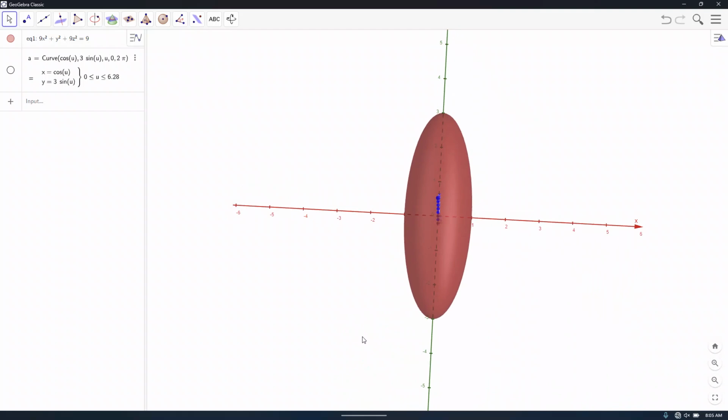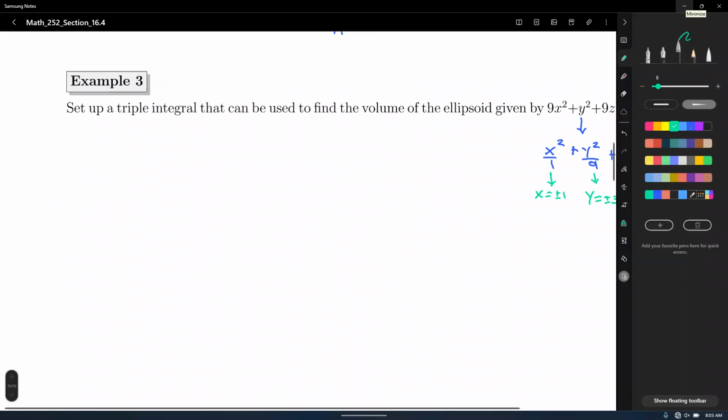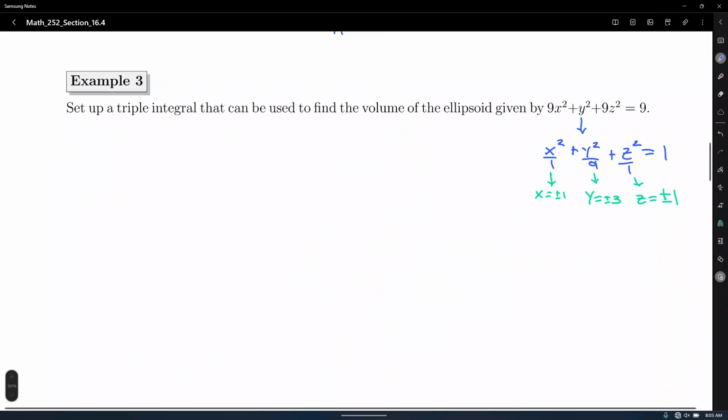We can see it's an ellipse, right? How do we get that algebraically? Well, I'll make z equal to 0 because I need to look at the intersection between the surface in space and the XY plane. That is by setting z equals to 0.